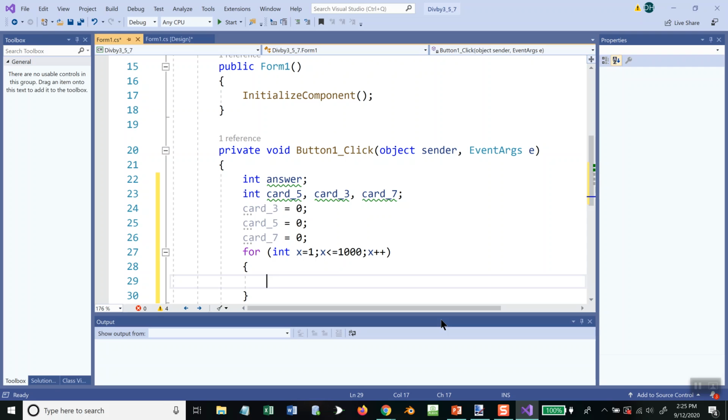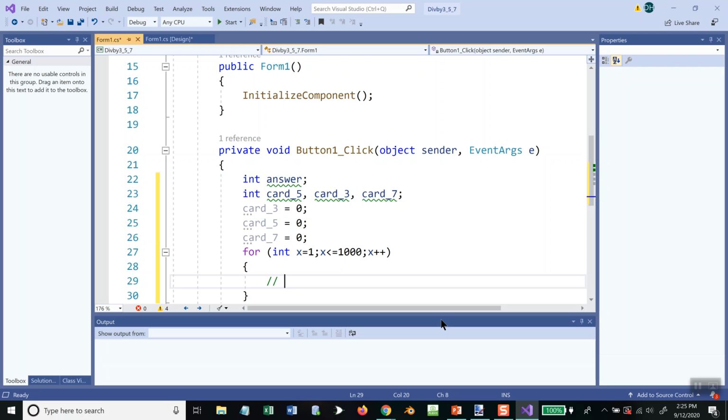Now here, I'm going to say, this is comments, check for divisibility. Okay, let me think this through.